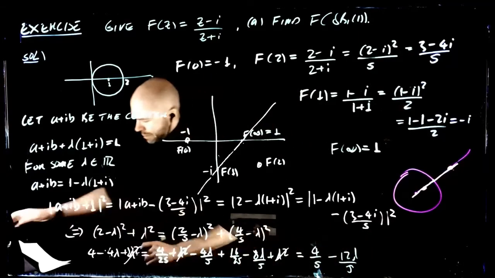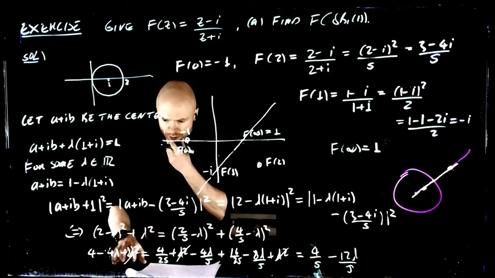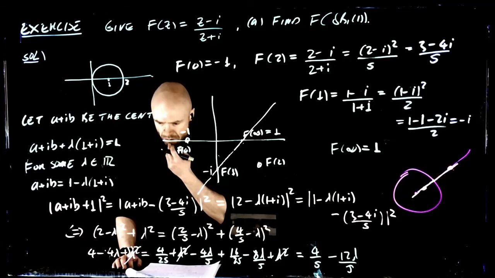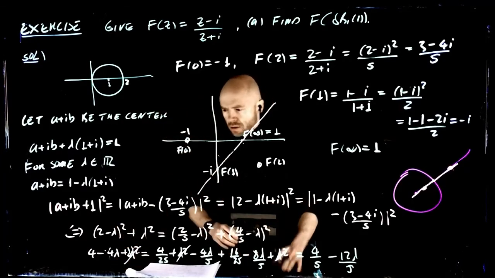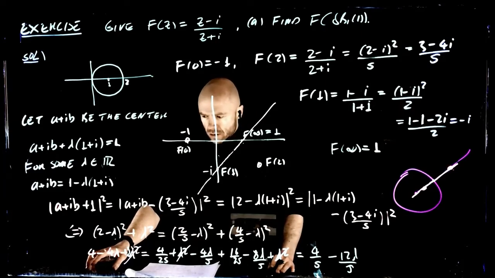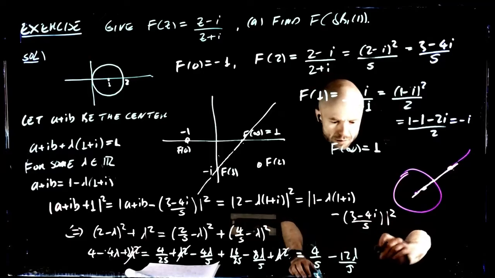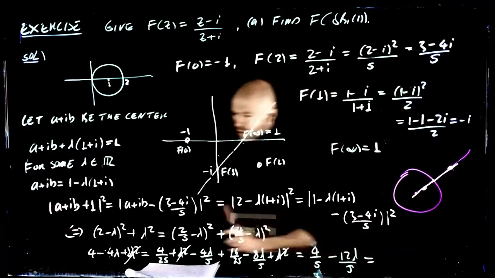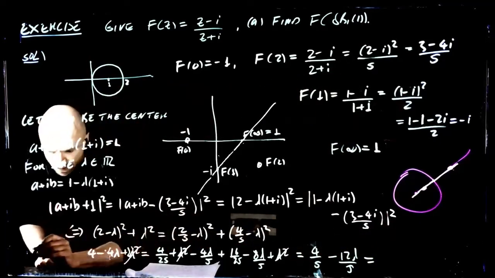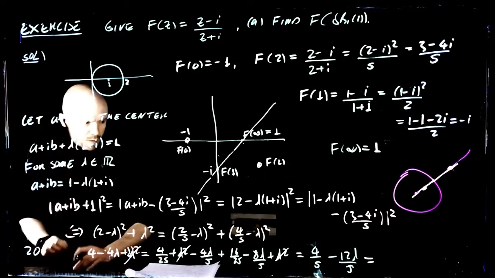And what we have from this side, we have this thing. So let's write this as 20/5. So let's put this thing over here. So let's write this as 20 over 5.